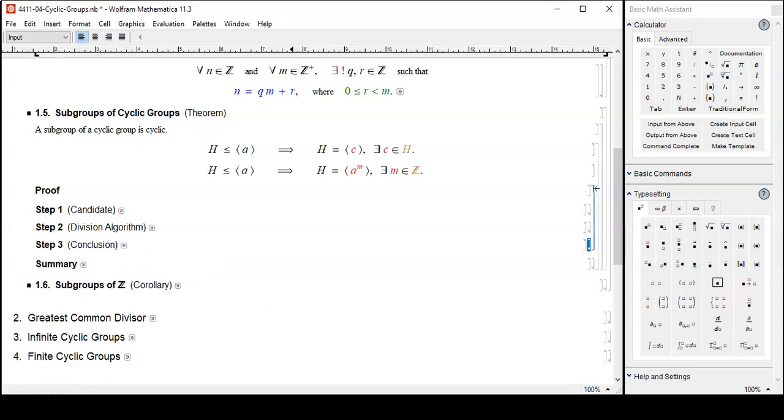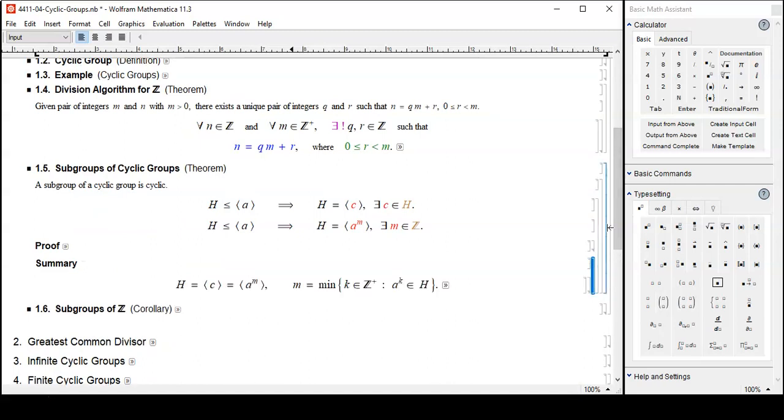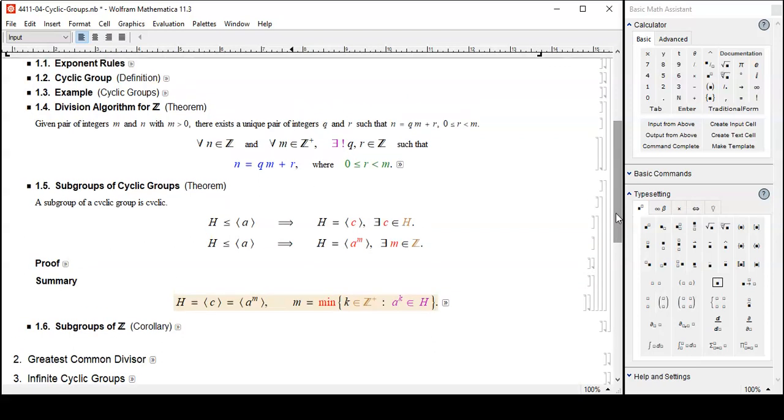This process not only completed the proof, but it also gives us a practical formula to find the generator C, or M. M is defined as the minimum of all positive integers that satisfy this purple condition: a to that power belongs to H. So you can try a to the first power, yes, then through.